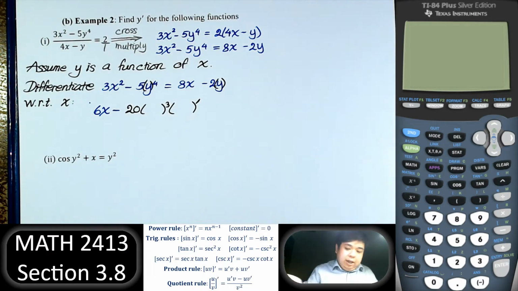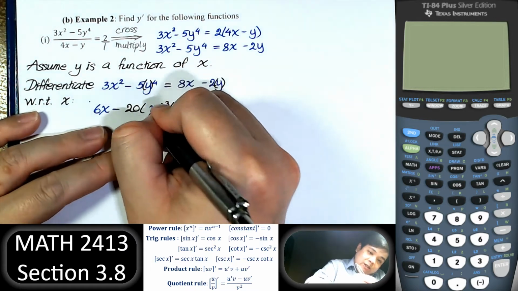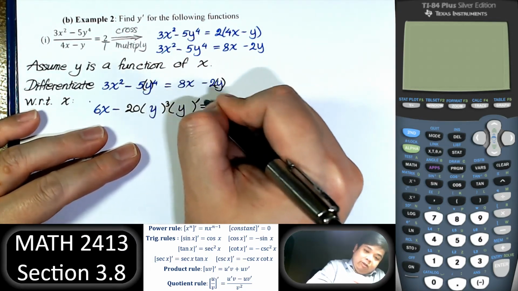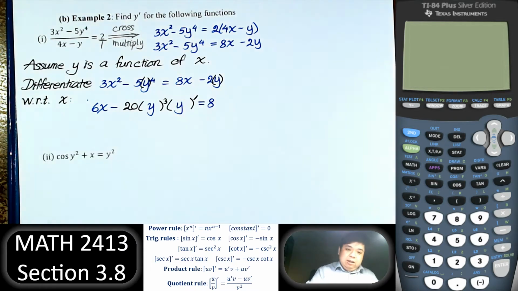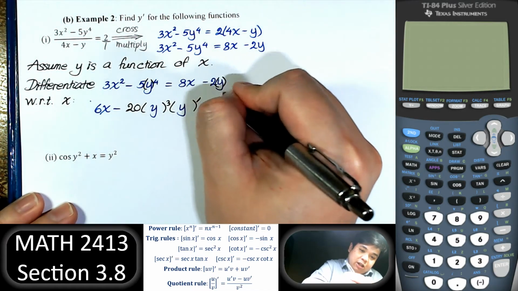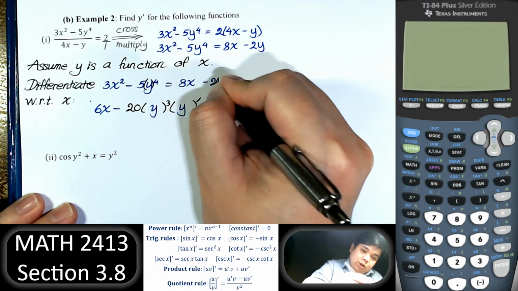Right, and of course inside is y. Derivative of 8x is 8. Derivative of 2y is 2, and then y prime.